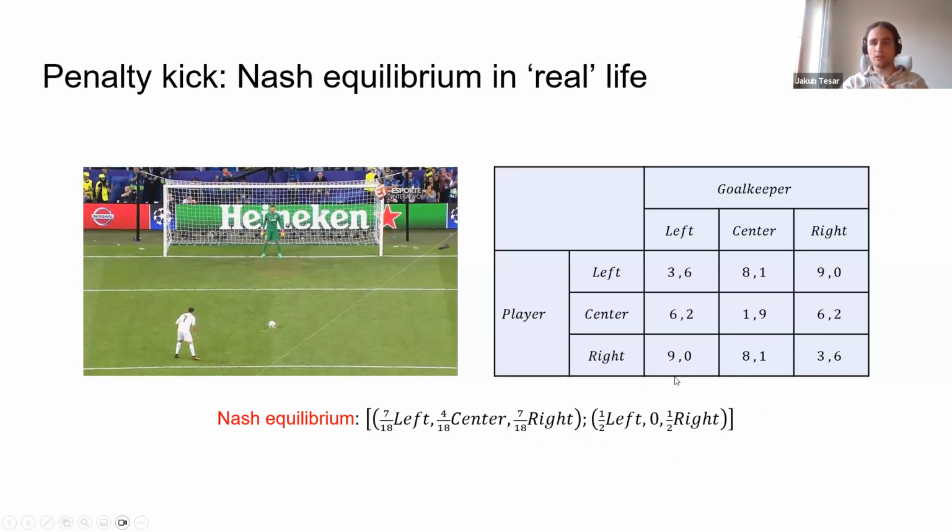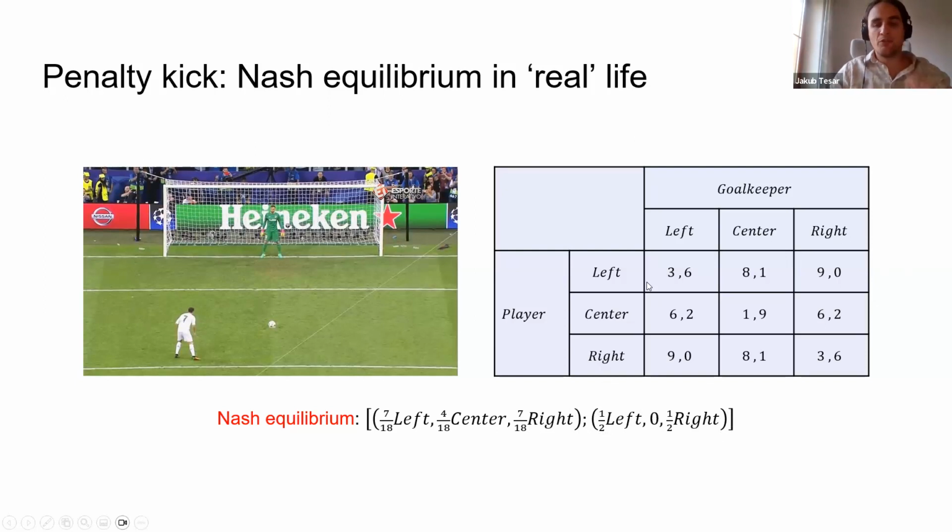And for the goalkeeper, it's interesting that his mixed strategy in Nash equilibrium only has strategies to jump to the left and to jump to the right, and he should never stay in the center, because then he would give the player the advantage. But it depends obviously on the payoff matrix.